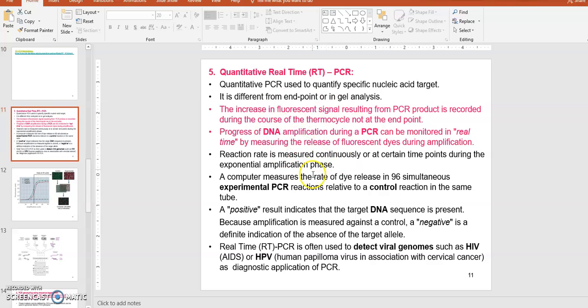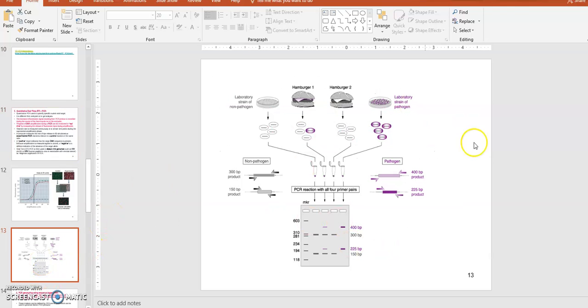So where do you use this method? You're trying to detect the amount of DNA or RNA present within your sample. For example, detection of a pathogen like HIV virus, how much is there in a given sample that maybe came from a patient. Or in this case, you're trying to see if there are some pathogens present in your food material, maybe a hamburger sample taken from restaurants.